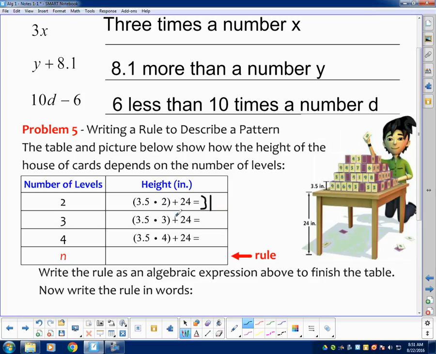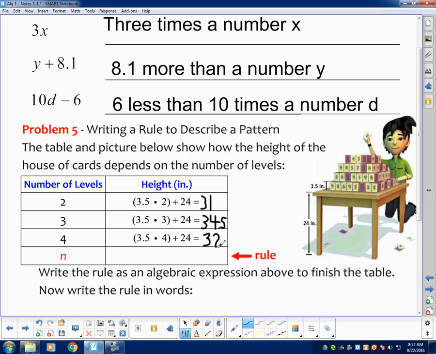The second one is 3.5 times 3, so if you added 3.5 more to 7, you get 10.5 plus 24. 10.5 plus 24 is 34.5. And then the last one would be 3.5 times 4, which is 14 plus 24 is 38.